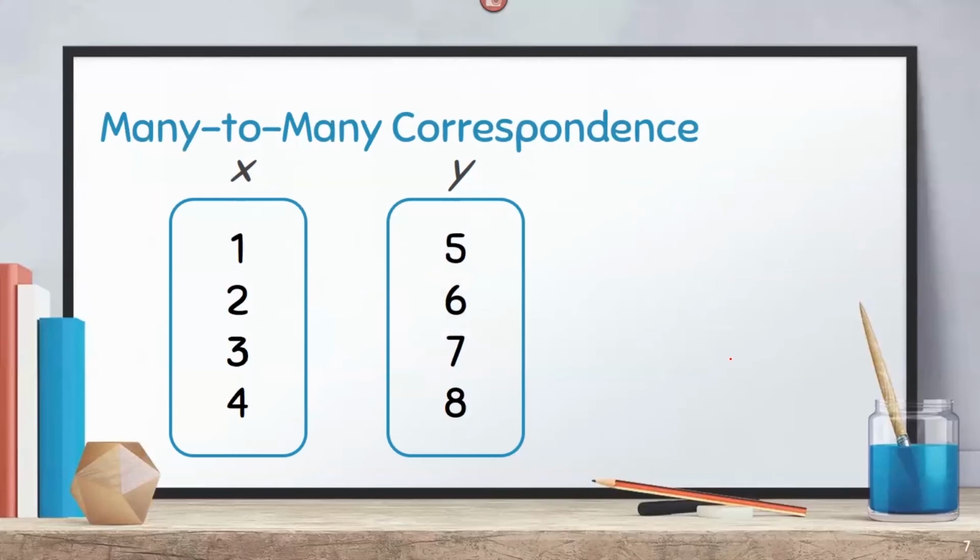Finally, many-to-many means pairing multiple values of x to multiple values of y. Example, pairing 1 and 2 to 5 and 6. And pairing 3 and 4 to 7 and 8.